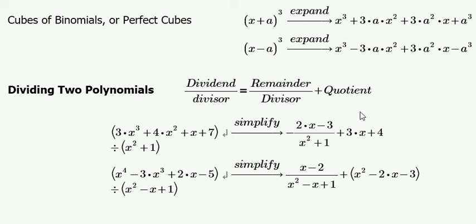Dividing two polynomials, usually this is the format it follows: dividend by divisor is equal to quotient plus remainder by divisor. If you divide any two polynomials, then you will get the quotient plus the remainder by the divisor.